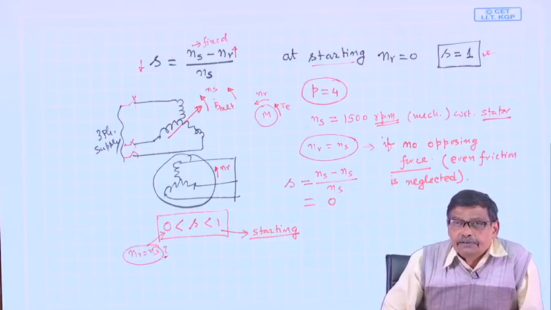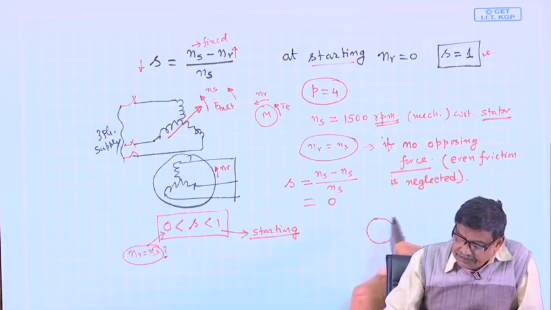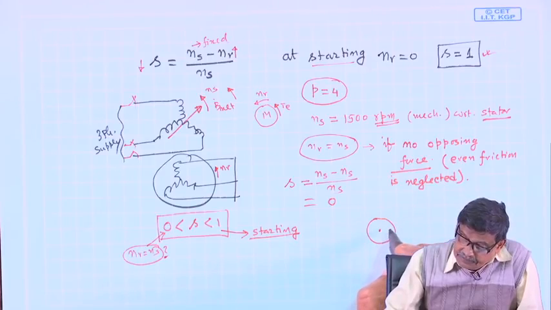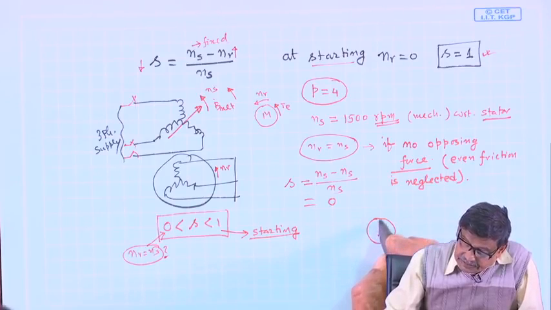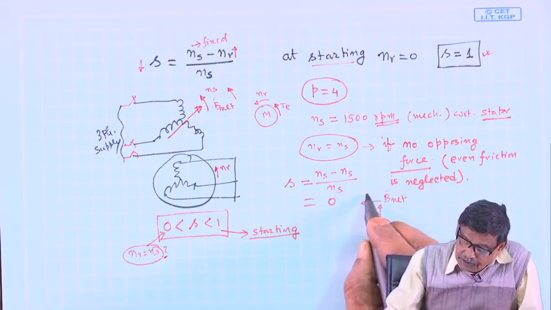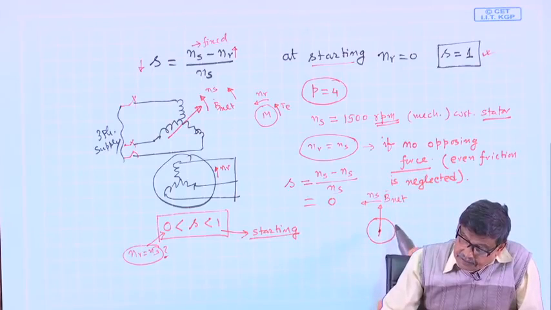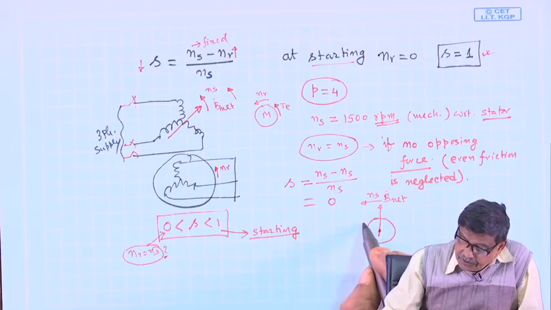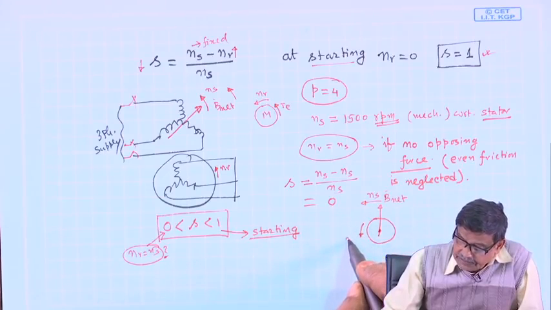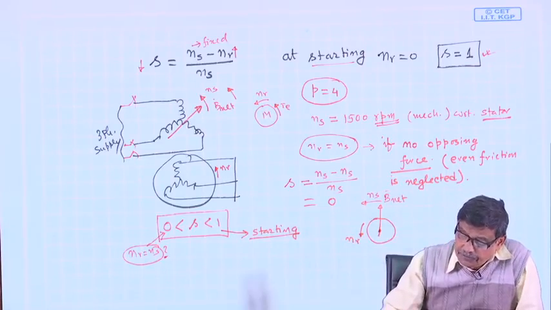Now let us be realistic. Suppose on the rotor there is friction present. So, you energize the rotor, the stator field is there, B net or stator field moving with Ns, and if this is the direction of the field, the rotor starts moving like this with Nr speed. Nr is now a function of time, it will gradually pick up speed.